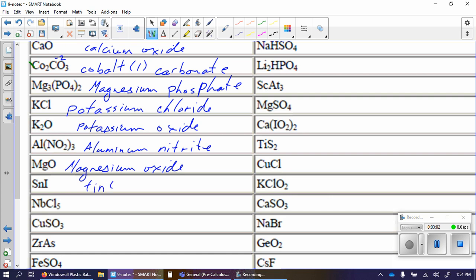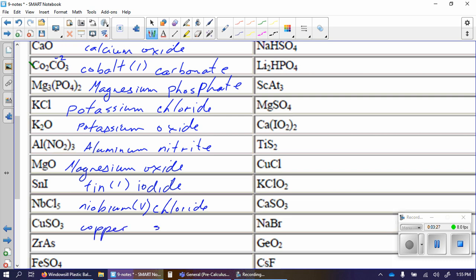This would be tin 1 iodide. Niobium, I think it's under vanadium. Chloride is -1. 5 of them means niobium 5.